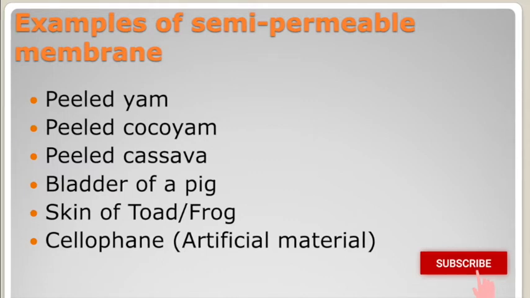Let us now look at the next one, which is the non-living tissue. We have cellophane as the material that can be used as a semi-permeable membrane in the laboratory to demonstrate the process of osmosis.